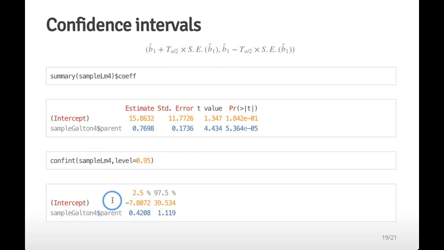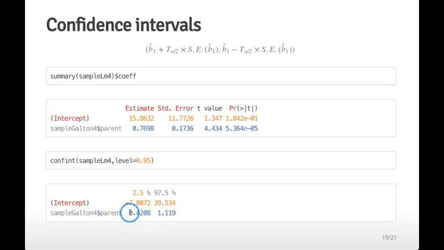And so what it tells us is, in this particular data set, we estimate the intercept term to be 15.86, but our 95% confidence interval is anything from -7.80 to 39.53. So these are the numbers for the intercept that if we did the study over and over again, we wouldn't be too surprised to see an intercept term anywhere from -7 to 39. It's a pretty wide range.